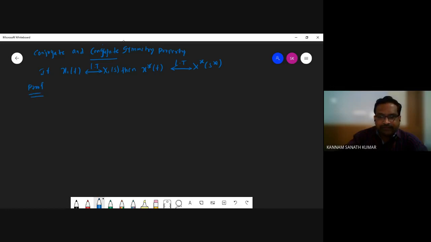Proof: you know the Laplace transform of x of t. What is the Laplace transform of x of t?